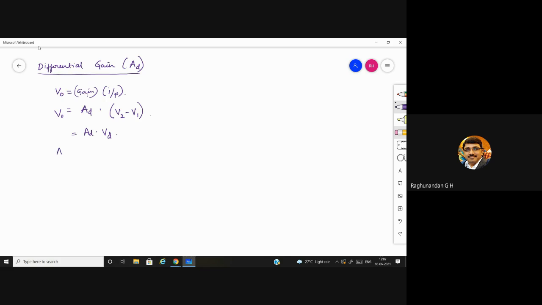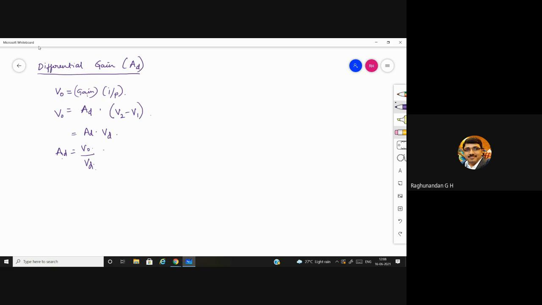So AD can be given as V naught by VD. If you think in a general way also, output by input gives the gain. The same way, we are writing output voltage by input voltage, and input voltage is the difference between the two inputs, that is VD.